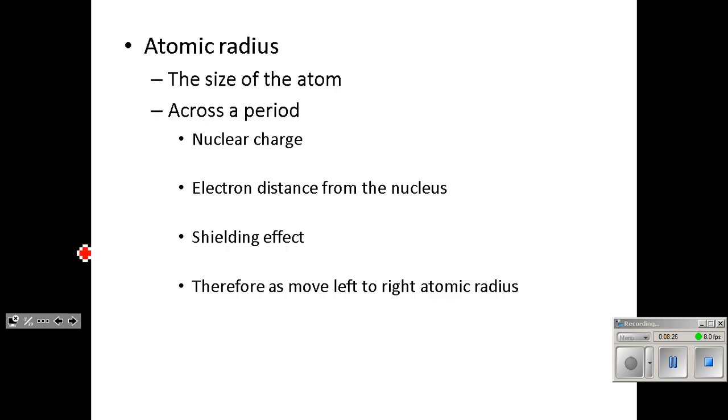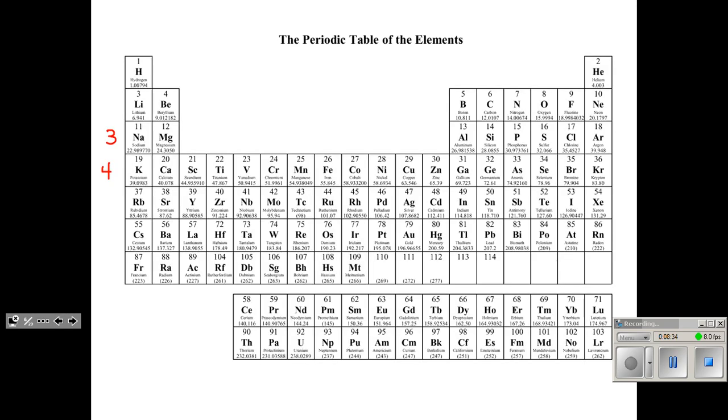And if we look at this, we're talking about the size of the atom. If we look at the periodic trends across a period, let's go back to that periodic table. So if we look across period 3, all of the outer electrons, sodium and magnesium and aluminum and silicon and argon, all of these outer electrons end in the electron configuration 3 something.